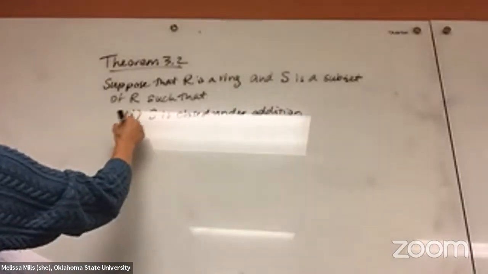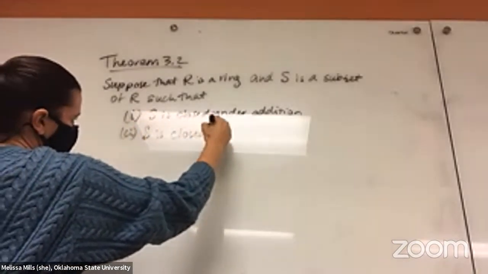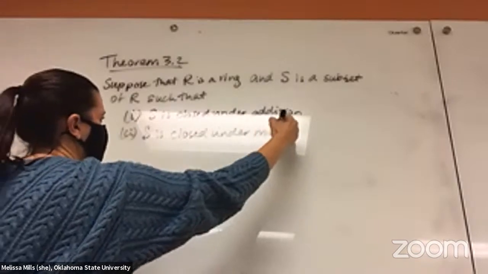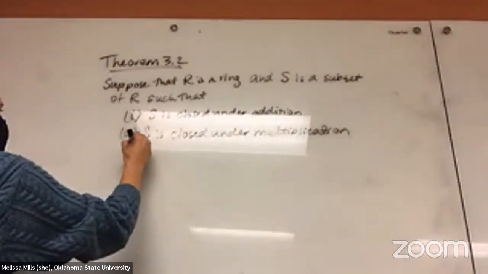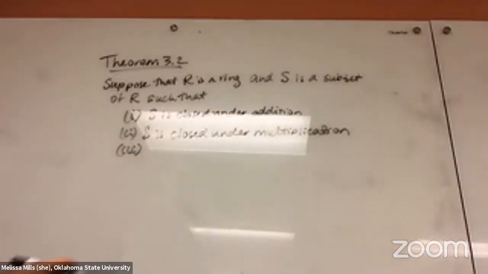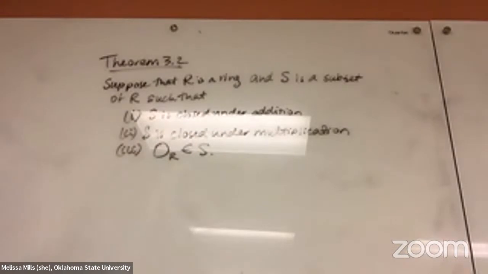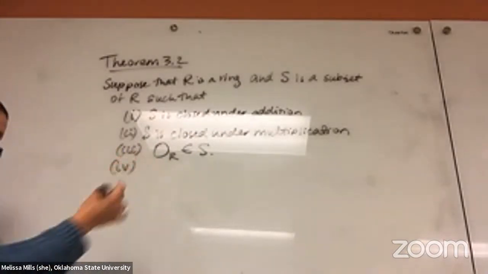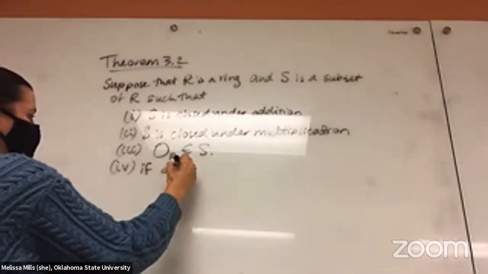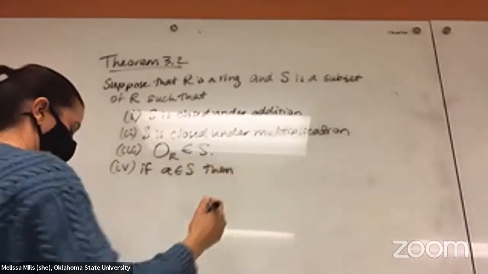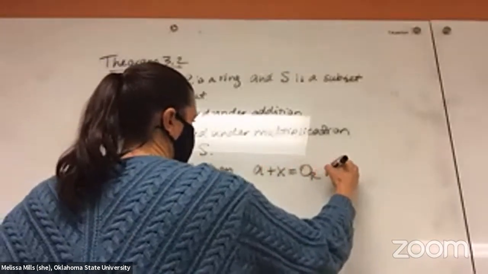Number two, S is closed under multiplication. Number three, the additive identity is in S. And number four, you have additive inverses. So if A is an element of S, then the X such that A plus X equals 0_R is in S.